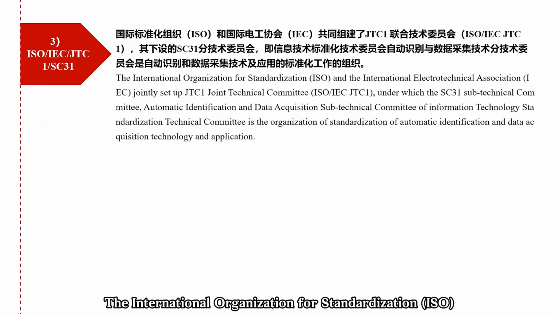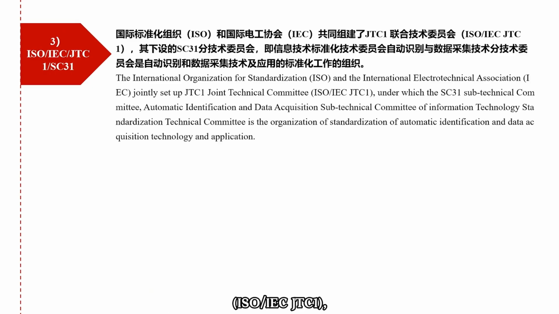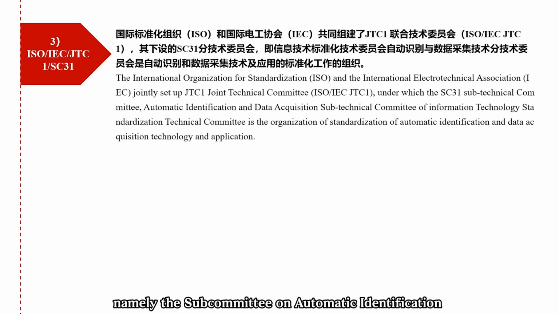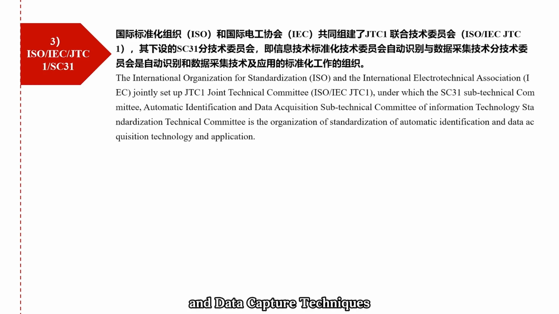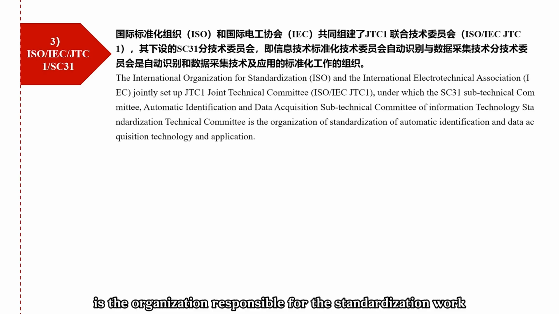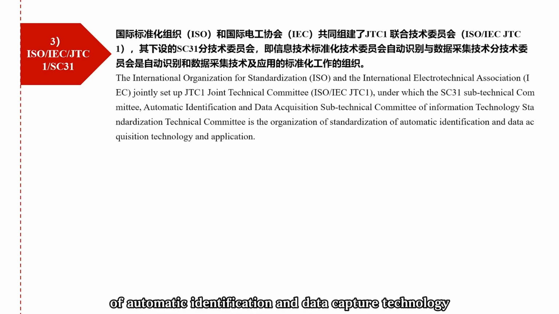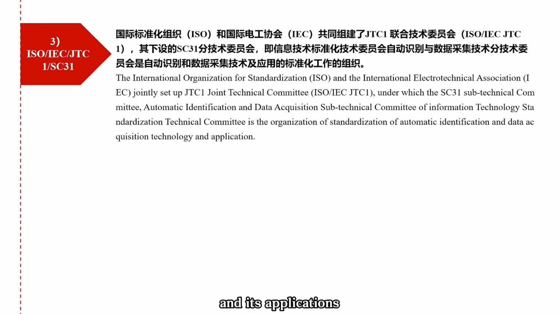The International Organization for Standardization (ISO) and the International Electrotechnical Commission (IEC) jointly established the JTC1 Joint Technical Committee (ISO or IEC or JTC1), under which the SC31 subcommittee, namely the Subcommittee on Automatic Identification and Data Capture Techniques of the Joint Technical Committee for Information Technology Standardization, is the organization responsible for the standardization work of automatic identification and data capture technology and its applications.